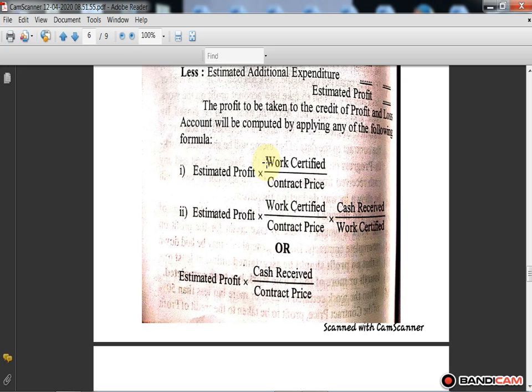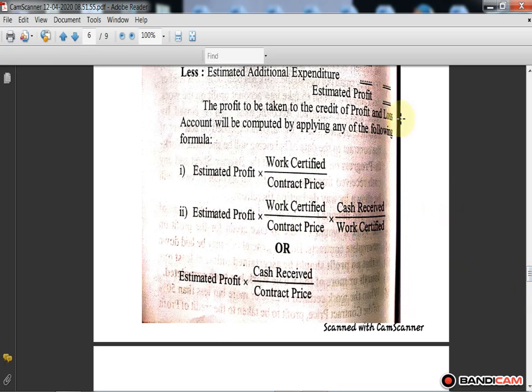The second formula is also given here: estimated profit into work certified divided by contract price, multiplied by cash received divided by work certified. So we get the estimated profit. Use any one of the formulas to find the estimated profit.